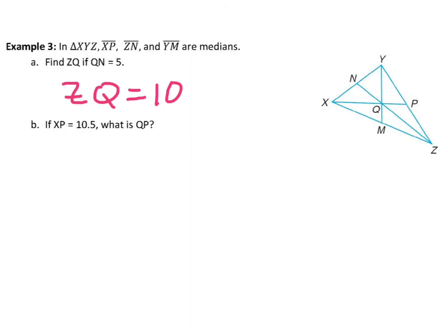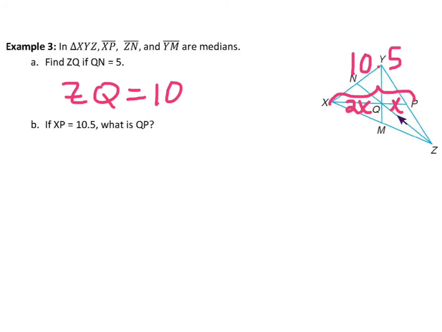So XP is actually the entire median itself. That length is given by 10.5. If they're asking us what QP is, let's keep in mind that QP is half the length of XQ, or in other words, XQ is twice the length of QP.